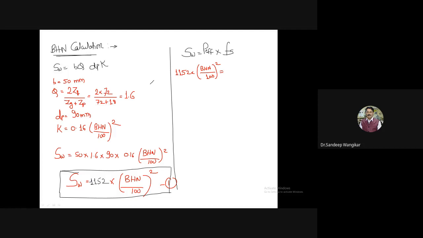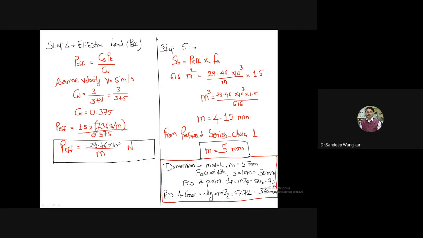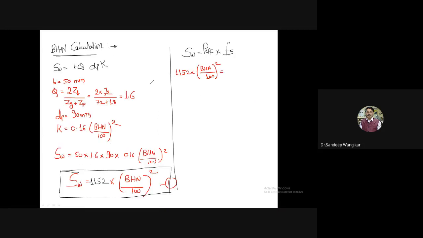I have the value for P effective. See here, P effective value is 29.46 into 10 raised to 3 divided by module, which we have already calculated.